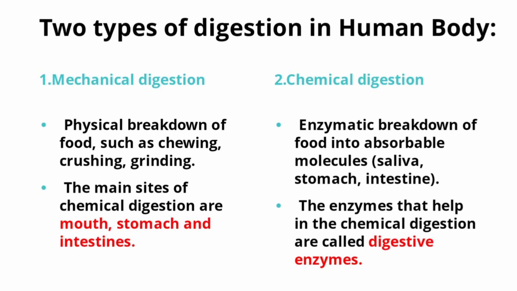The main sites of chemical digestion are the mouth, stomach and intestine. The enzymes that help in chemical digestion are called digestive enzymes.